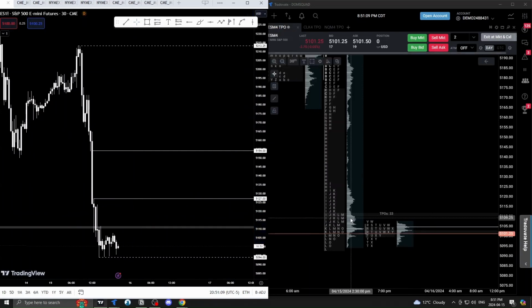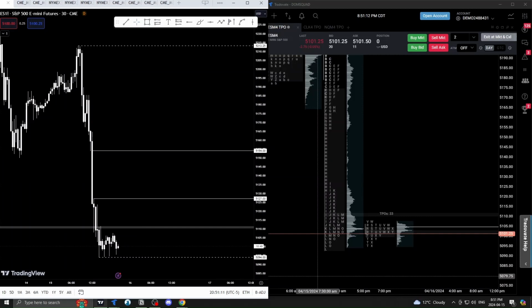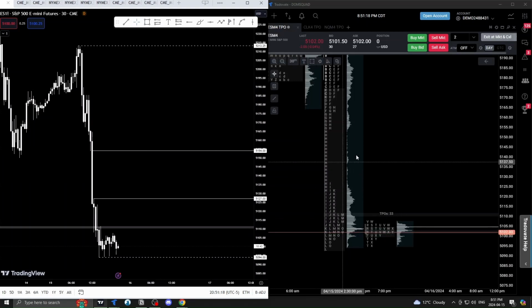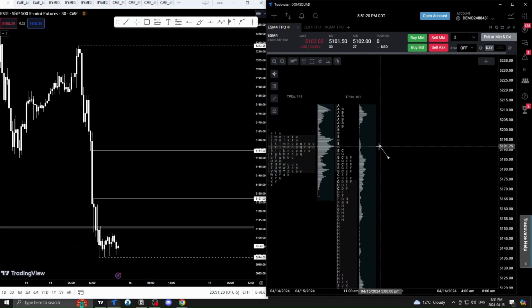Alright, on to the next part. So there's a few things up here. But this is one potential area right here that I could take a look at.